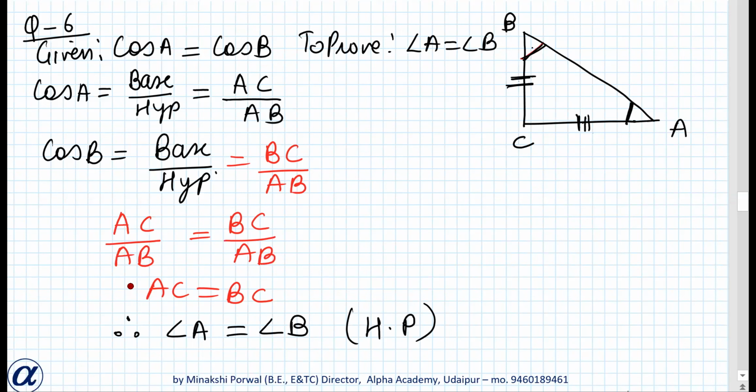So I can say that AC equals BC. In a triangle, if two sides are equal, then the angles opposite to these sides are also equal. This we have seen in class 9th. Therefore, if AC equals BC, we can say that angle A equals angle B.